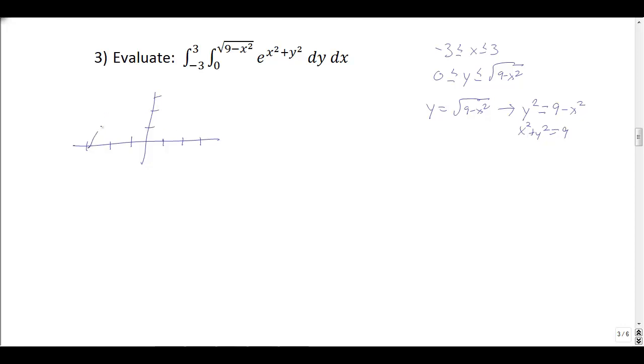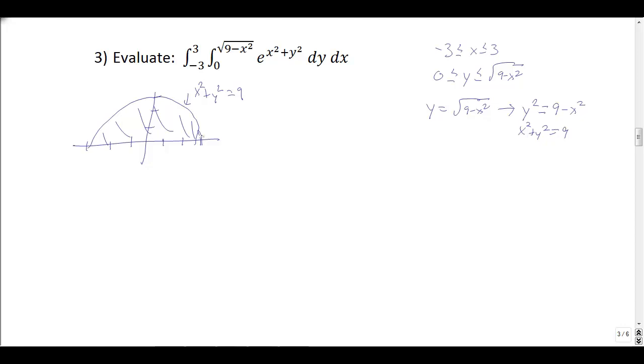My region has this circle of x squared plus y squared equals 9. Y just goes from 0 up to this. So my region is this semicircle, or half disk, semi-disk. Filled in. A circle would just be the outside, but it's filled in.